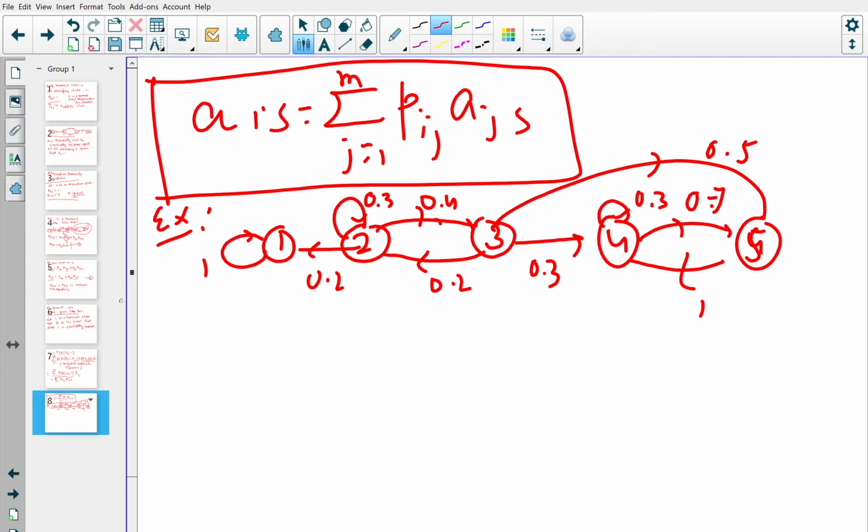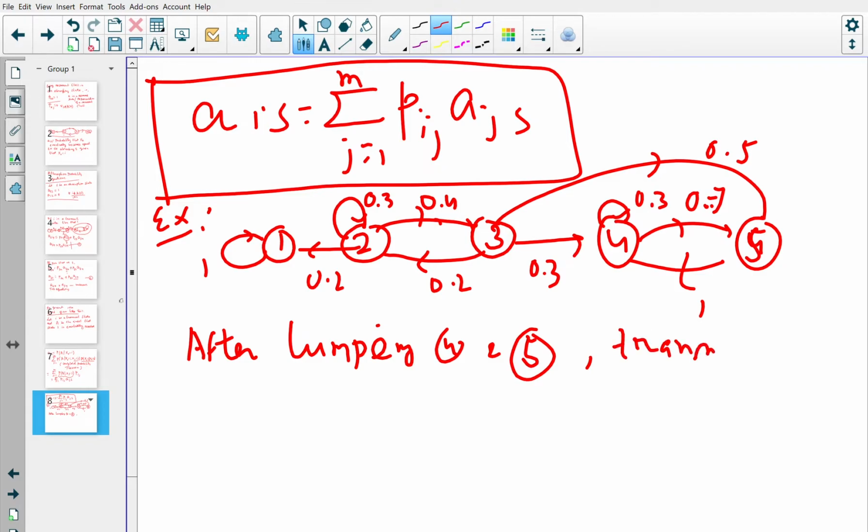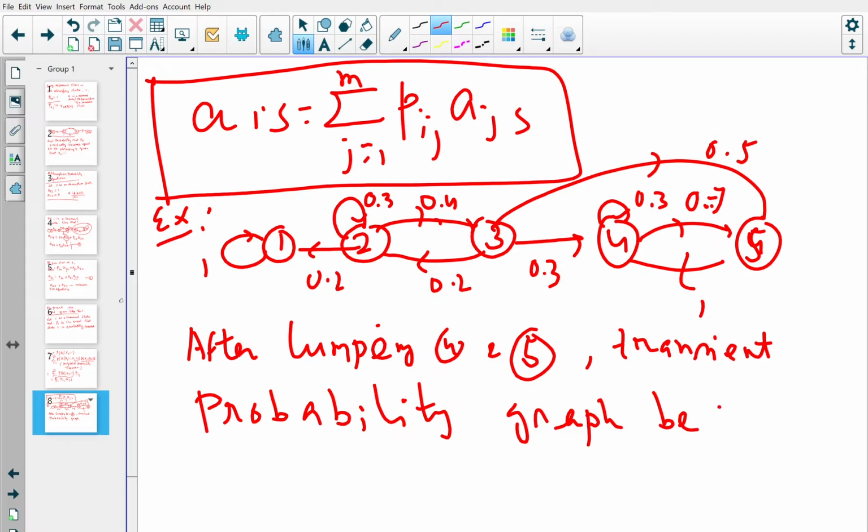Now, because you see 4 and 5 are single recurrent states, you can club these two together. After lumping 4 and 5, the transition probability graph becomes as follows.